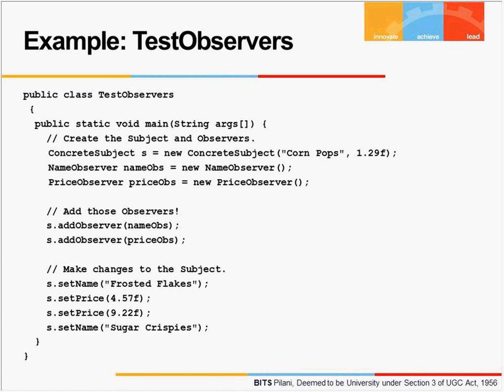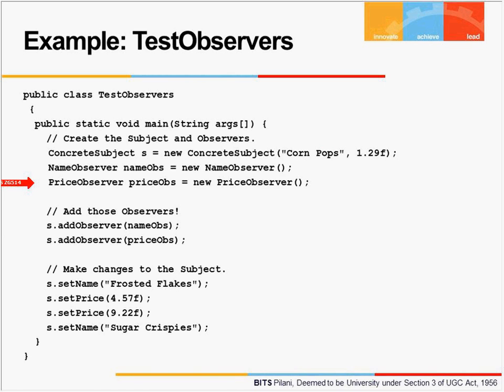Right? What my client does, it creates an object of concrete subject. Object s of concrete subject is created with two attributes, name and price. Right? The name observer object is created and a price observer object is created.